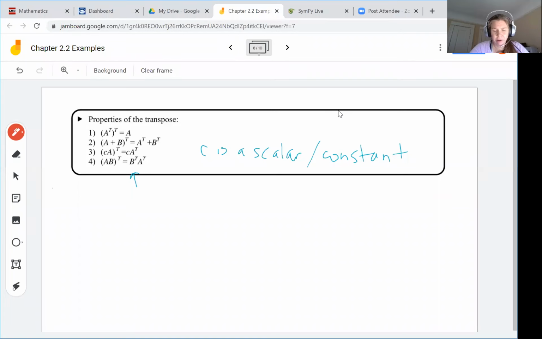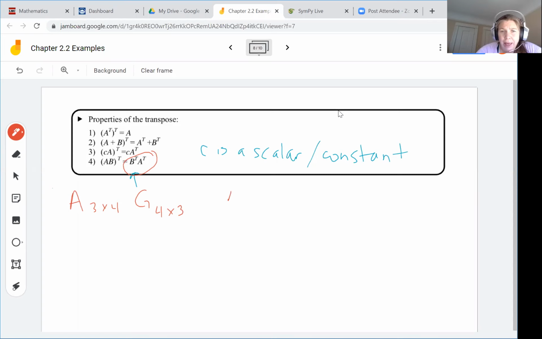Okay, before we talk about symmetric matrices, let's talk a little bit more about property 4 and why the order changes when we multiply. So we were multiplying matrices A and G. So A was a 3x4 matrix, and G was B transpose, and we did that to get a 4x3 matrix.